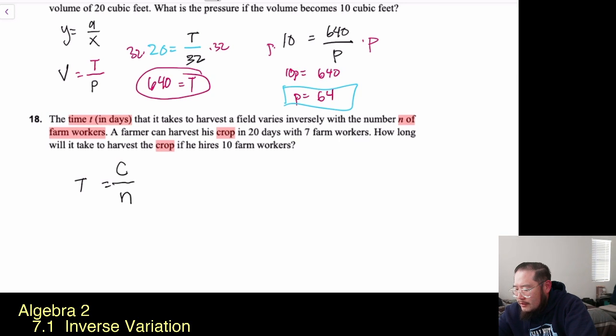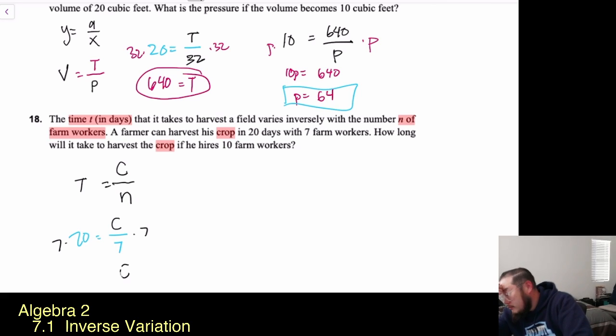Number would be 7. We have the harvest and the crop is... we have 20 days, that's the time. And so we've got to figure out what that crop is, and that's C. Multiply both sides by 7, and crop ends up being 140. Okay?